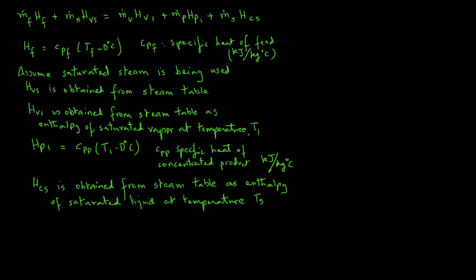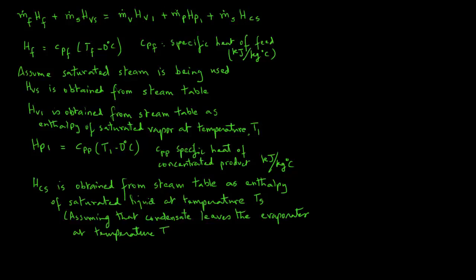Now we are going to assume that the condensate leaves the evaporator at temperature Ts. If the condensate leaves at a lower temperature than Ts, then we will need to determine that additional sensible heat leaving with the condensate. The area for heat transfer in the calandria can be obtained with the following equation.